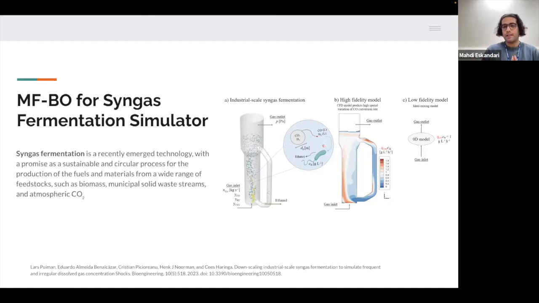This process is very expensive, very costly, and also very time consuming. Each run of this process takes multiple days for us to see the result. There is another simulator of this process that takes a couple of minutes to run with the same input and the same output. But it is not very accurate, though it can provide us an approximation of the problem.